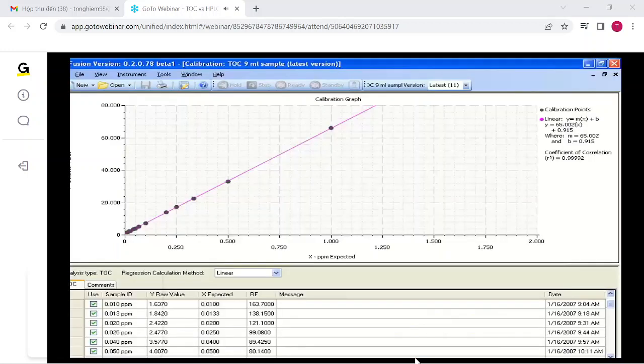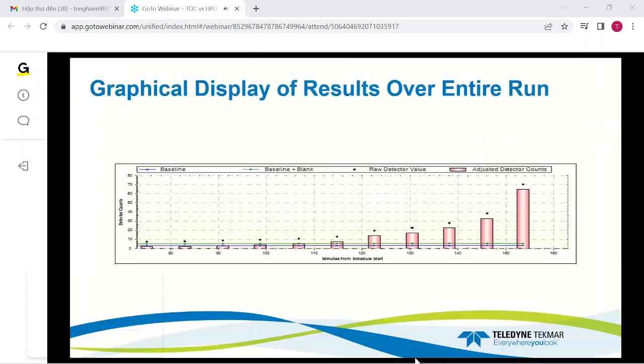So this right here shows you a calibration curve. We were able to do from 10 ppb up to 1 ppm from one single standard using the auto dilution on the system. The results are displayed graphically. So you can see here on the screen a baseline plus blank, raw detector value, and then your adjusted detector counts. Everything is listed here for you.